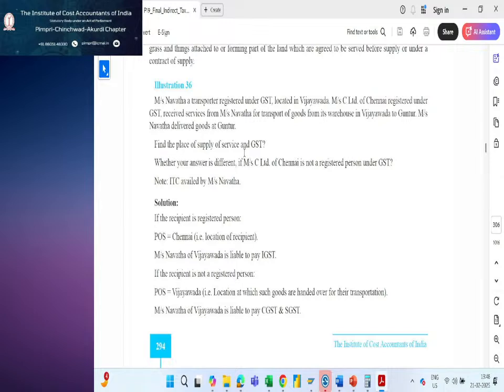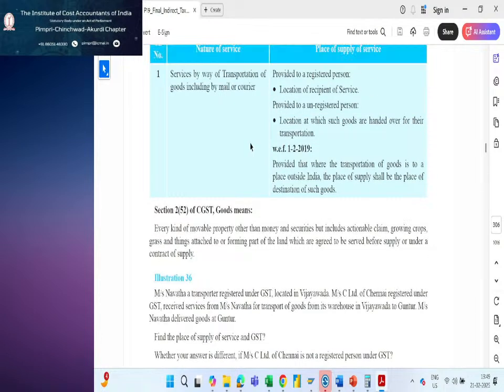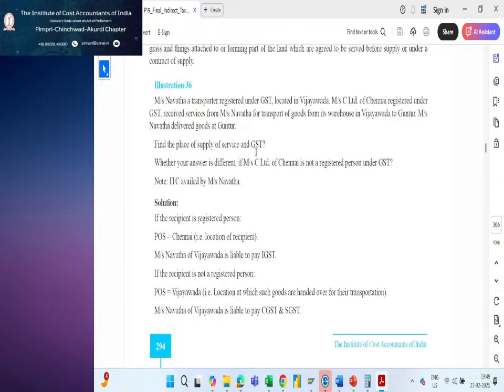Find the place of supply of service and GST. Would your answer be different if he is not a registered person? So always remember, if he is a registered person, what is the place of supply of service, and if he is an unregistered person, then what is the place of supply of service.